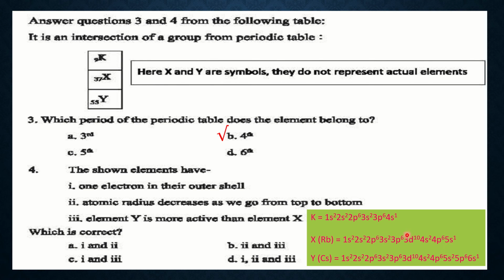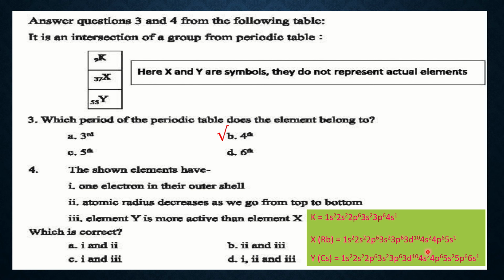So here the attraction between this electron and the nucleus is comparatively more than in Y. So X is comparatively less active, because activeness means the element which can easily release or easily accept electrons.